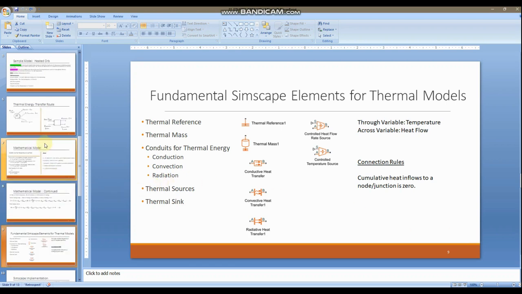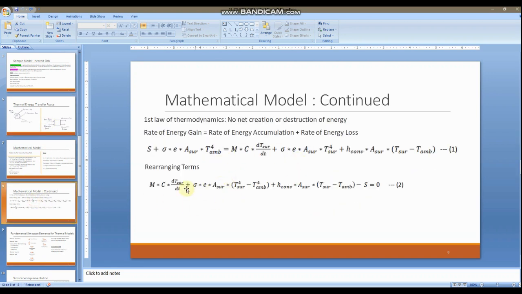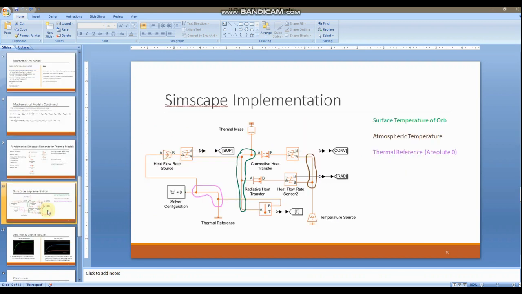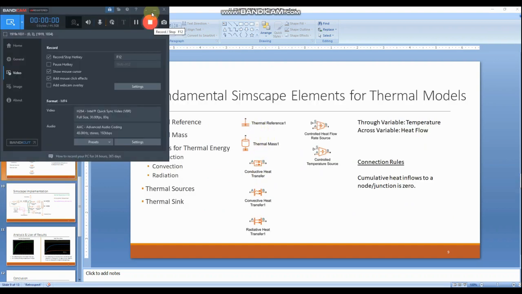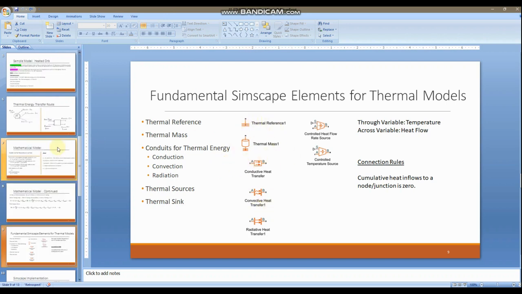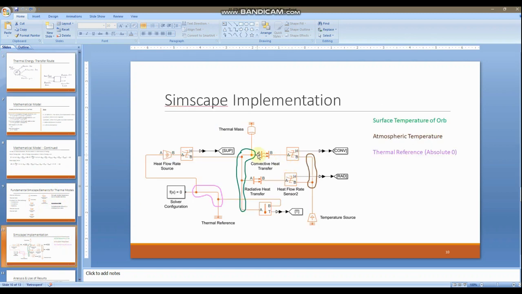It would be closer to what we draw instead of being a mathematical expression like this. So if you can use your intuition to develop a diagram like this using Simscape, all you have to do is implement that one, and you will need to have a knowledge of what the blocks are and which blocks represent which of these things. And once you know that, it's just a matter of implementing the diagram as you previously drew it.